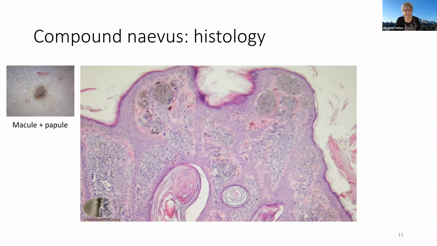A compound nevus has the same pigmented nevus cells in the junction, but has collections of dermal cells filled with melanocytes as well. This is in a more darkly skinned patient, and we can see the darkly staining melanocytes at the junction.